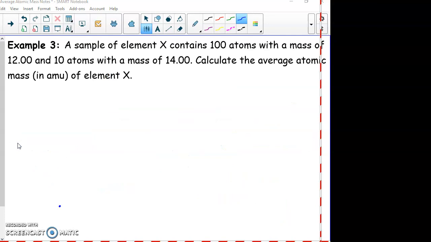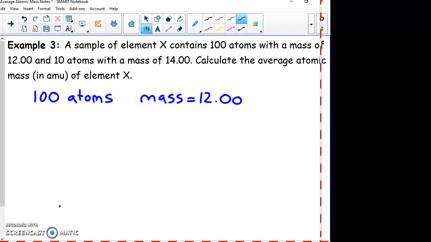So last one, this is a little bit different in that it does not explicitly tell you what the percentages are. We have some element X, and there's 100 atoms of element X in this sample with a mass equal to 12.